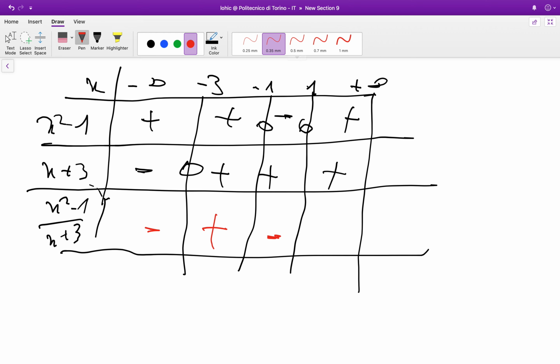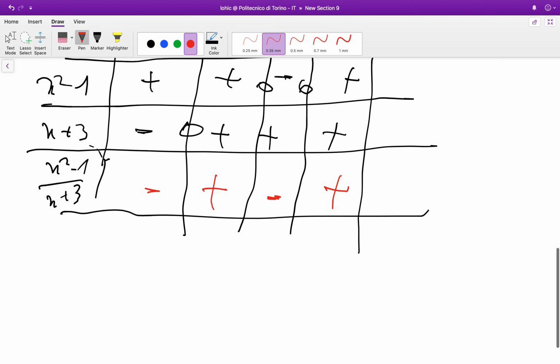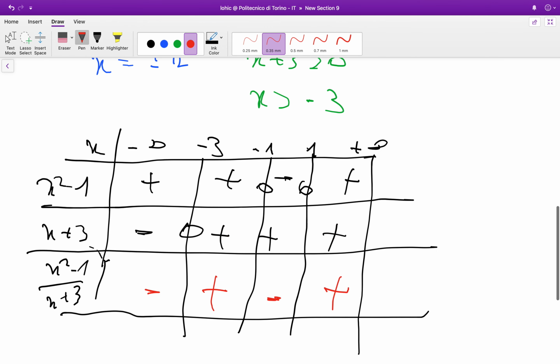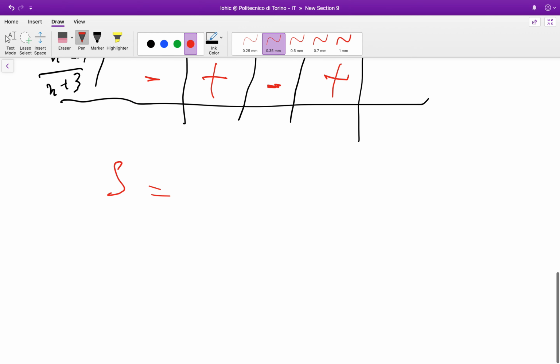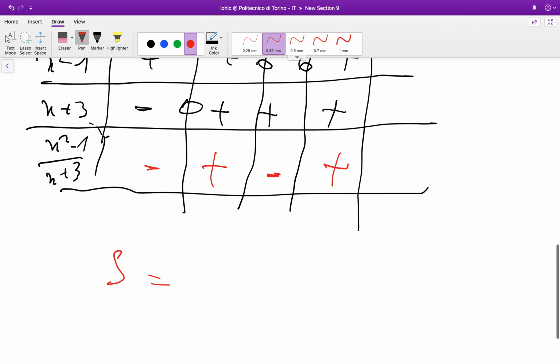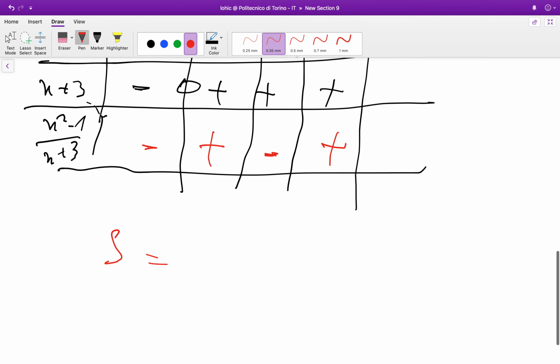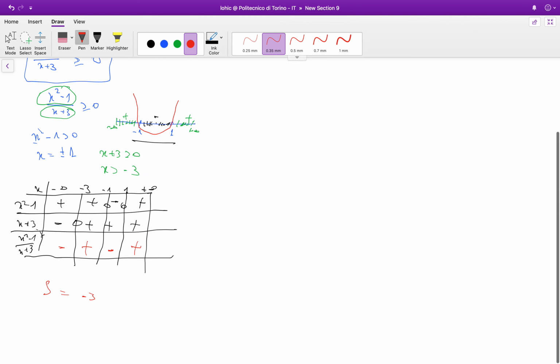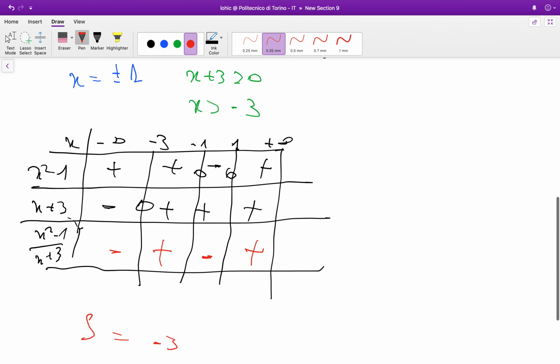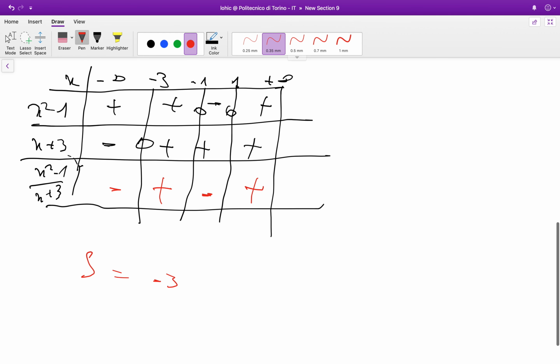So finally we got that it is negative, positive, negative, and positive. So our solution is, we are searching for the values of x for which the expression is greater or equal to 0. So we take from -3 to -1, union 1 to +infinity, right?